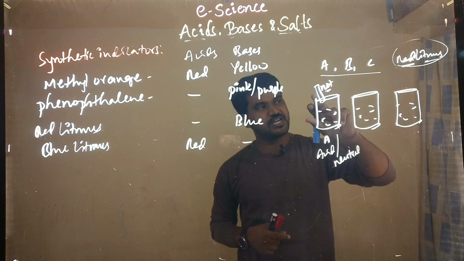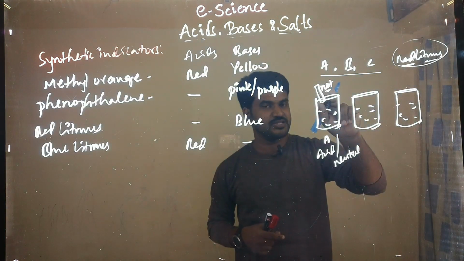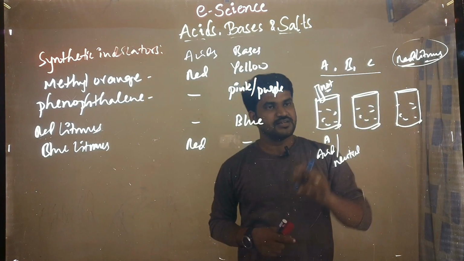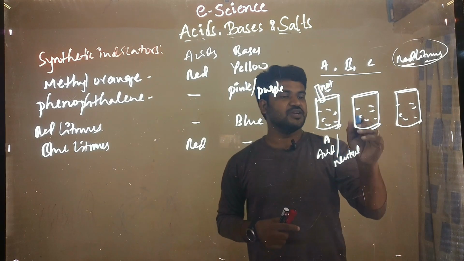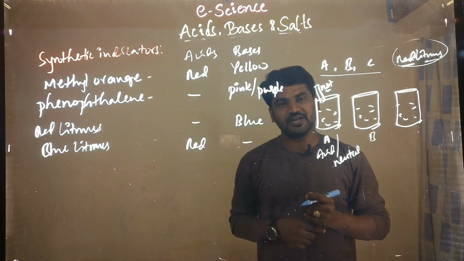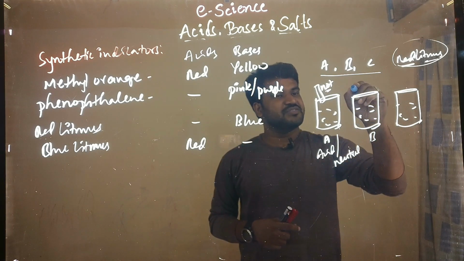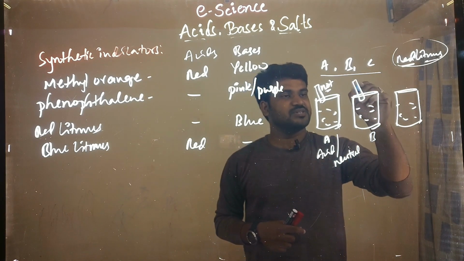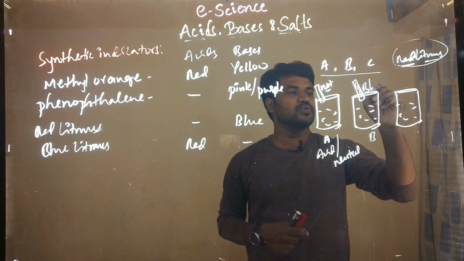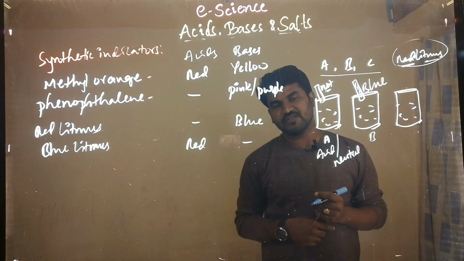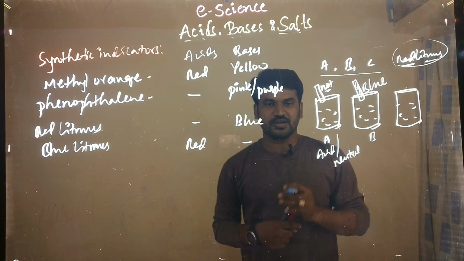Okay, now again we'll take the red litmus paper. Here it is not changing the color, right? So we will take it into B. Just assume that the red litmus changes to blue color.